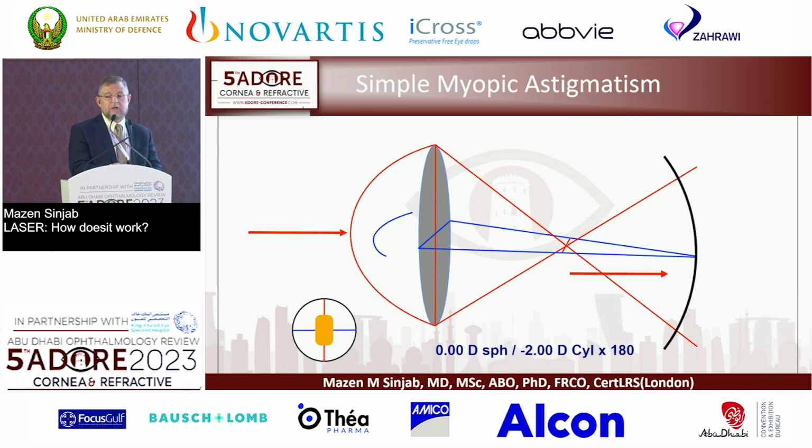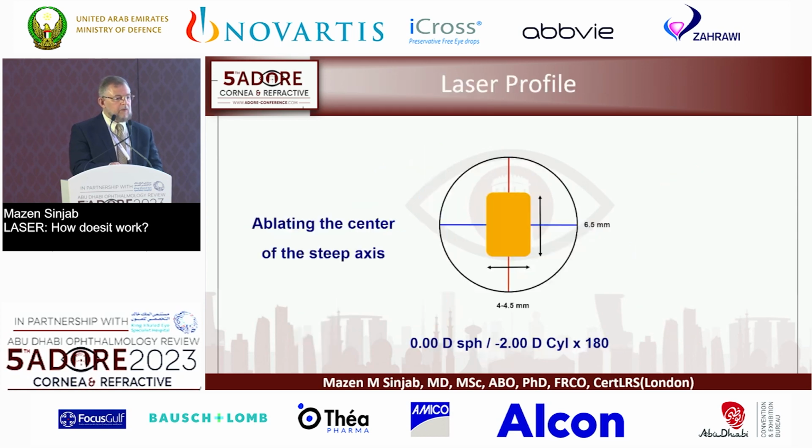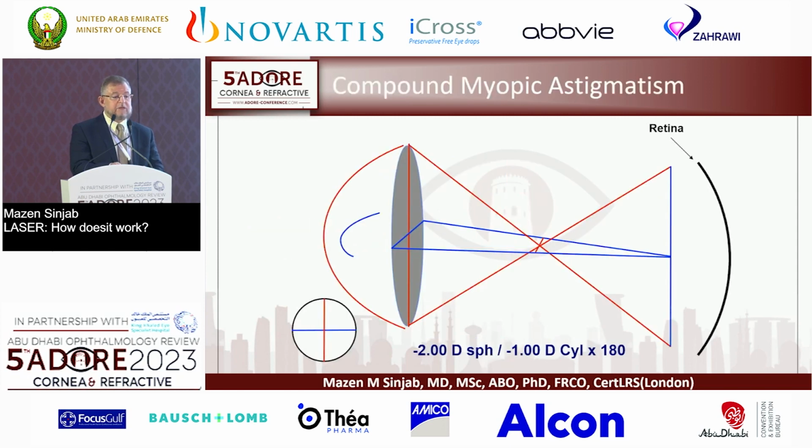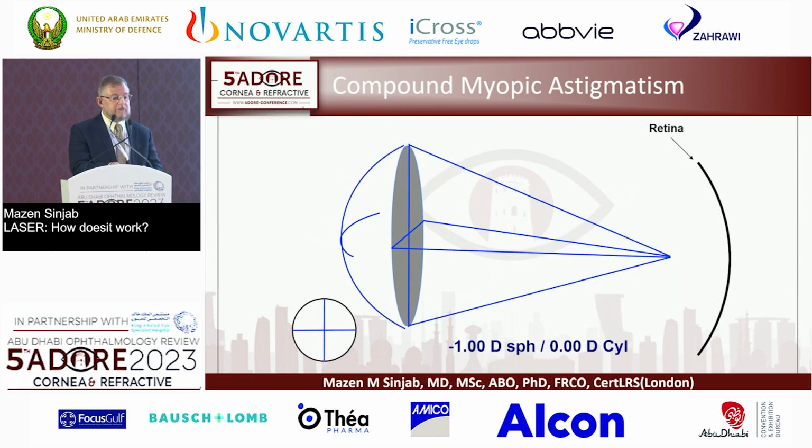So simple myopic astigmatism will be treated as follows. First, the laser will treat the steep axis centrally in order to push it to be like the flat axis. And then, as you see, it is rectangular at the steep axis. And then it pushes both of them to be on the retina by ablating the center, as you see here.